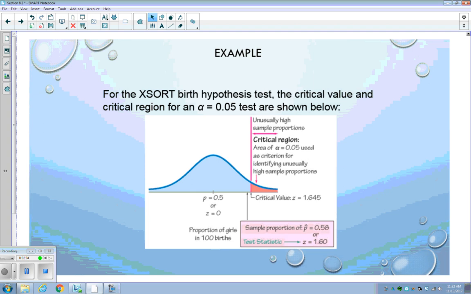If my z for my test statistic was 1.8, I would be out here in this critical region. And if I fall out here in this critical region, then I can reject the null hypothesis. If it falls within here, I fail to reject my null hypothesis.